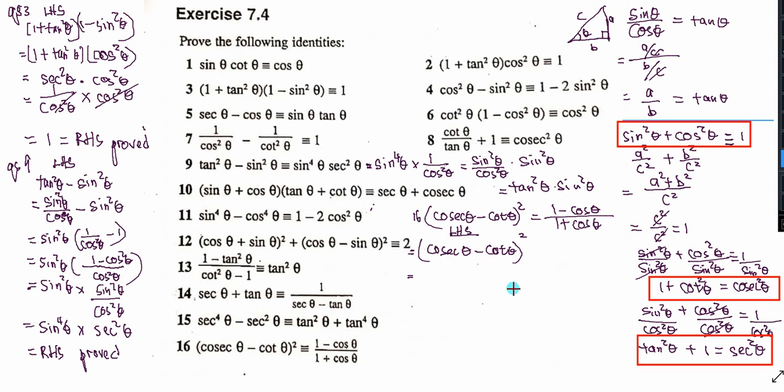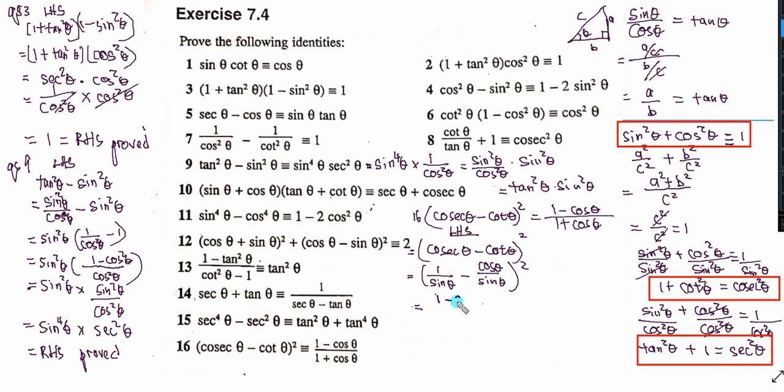Okay, now let's open it up to the basic angles first: sine, cosine, tangent. So this one is actually 1 over sine theta, and this one is cosine theta over sine theta, all squared. Now, we have the same denominator, so we can add the numerators.